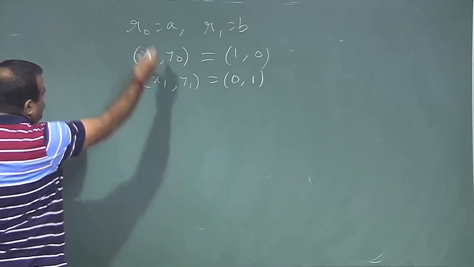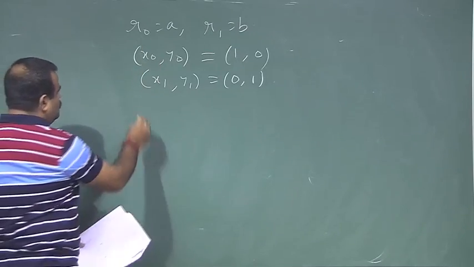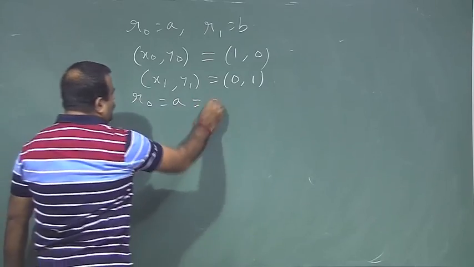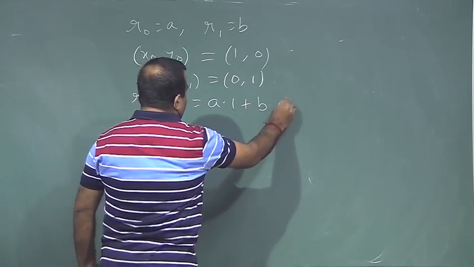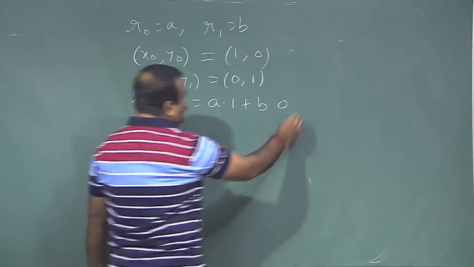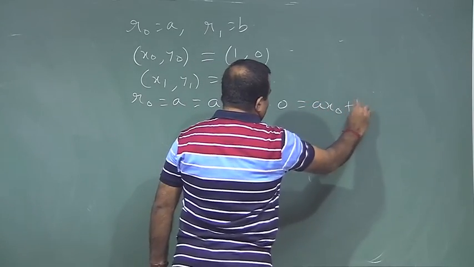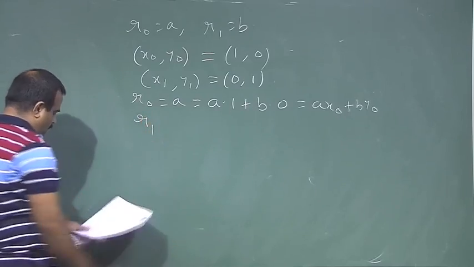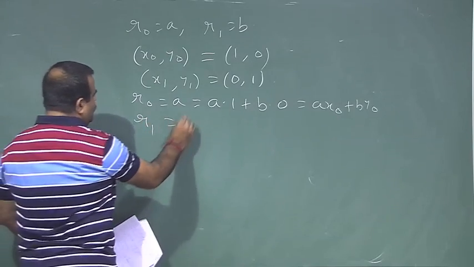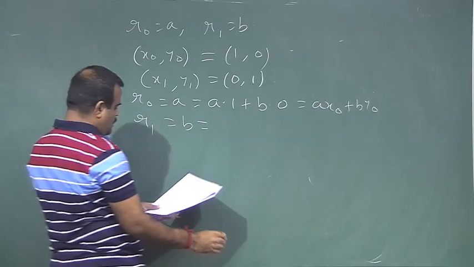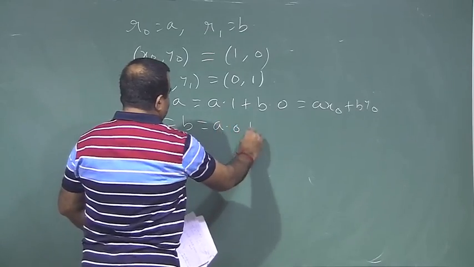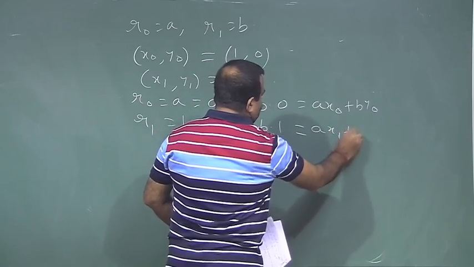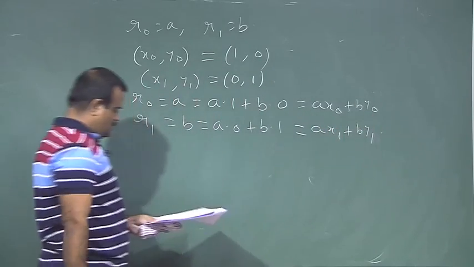We can just check it. R0 is basically A, which is A into 1 plus B into 0, so this is A x0 plus B y0. This is the initial case. We will prove by induction. R1 is equal to B, which is written as A into 0 plus B into 1, which is A into x1 plus B into y1.